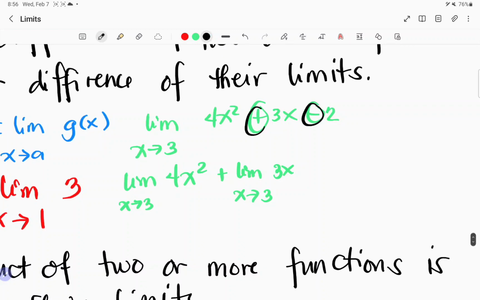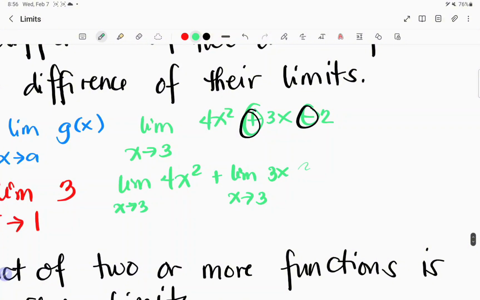So this is going to be minus the limit of 2 as x approaches 3. And now we can evaluate each of our limits to determine the final answer.